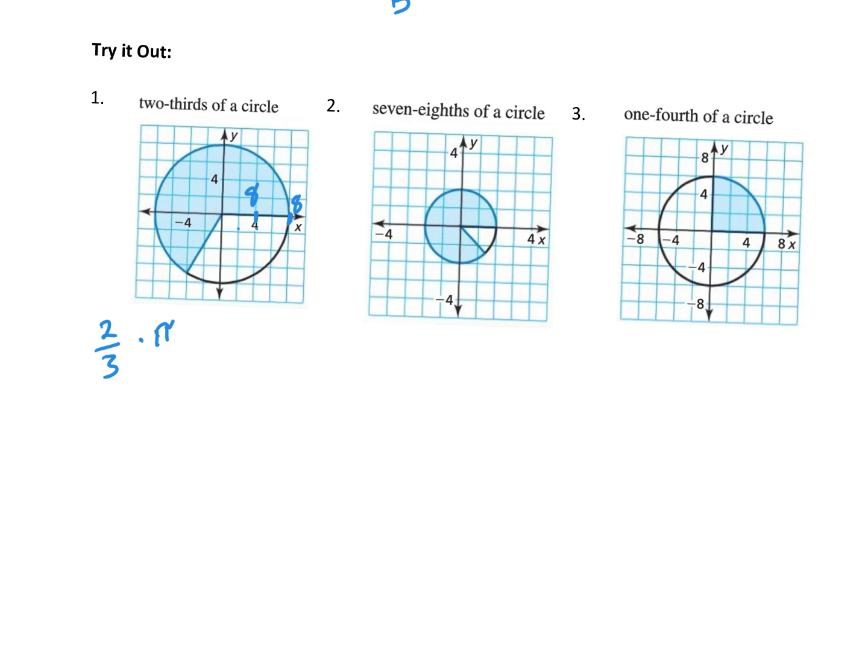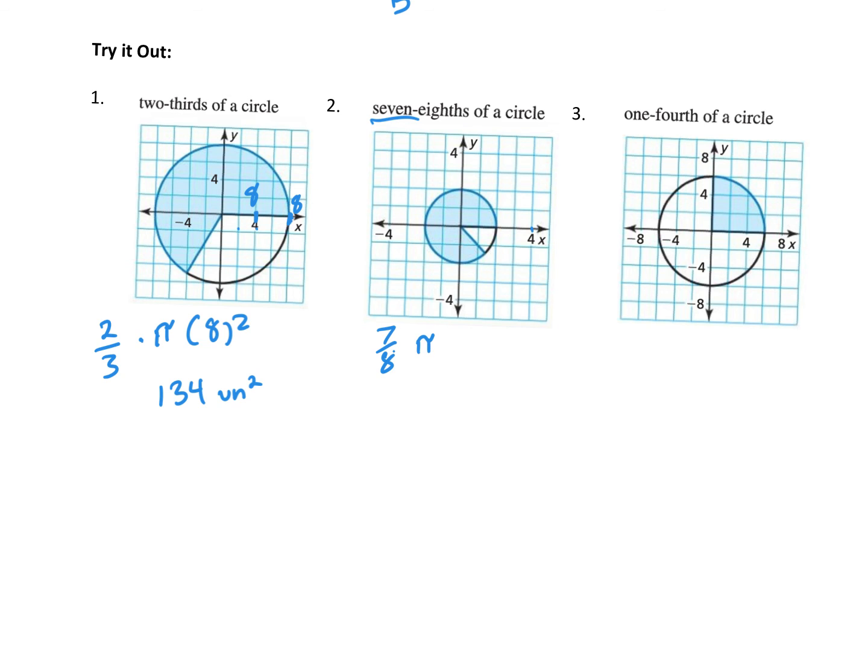So this whole distance is 8. So pi 8 squared, which gives us 134 units squared.